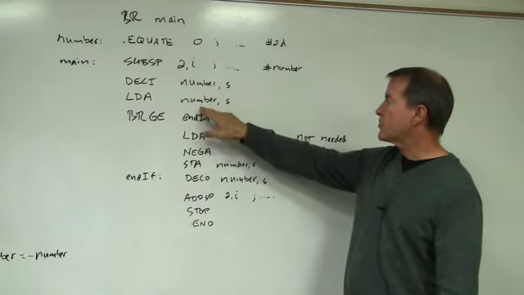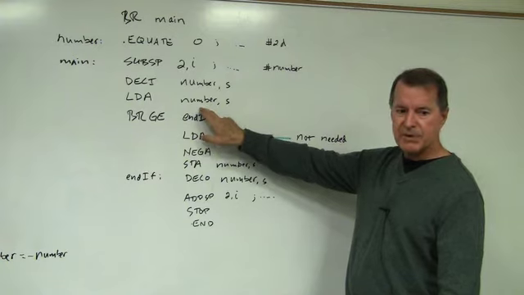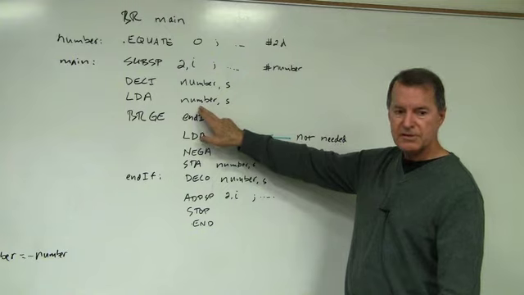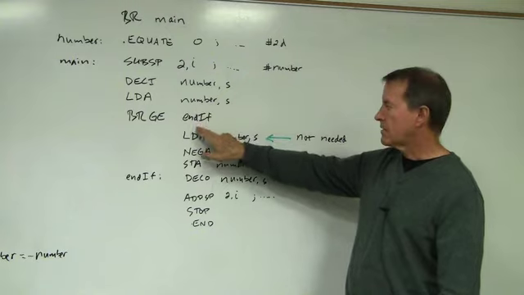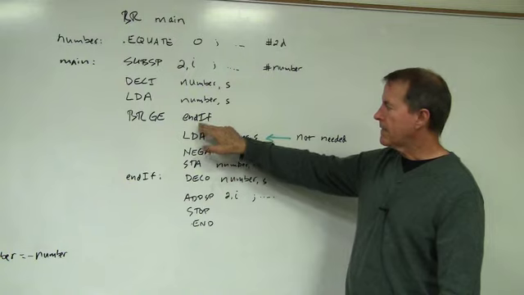Zero is the default because when we loaded number into the register, it set the N and Z bits based on the value of number. If it's positive, then the N and Z bits reflect that; if it's negative, it reflects that. It's only because we're comparing it to 0 that it works on the branch.